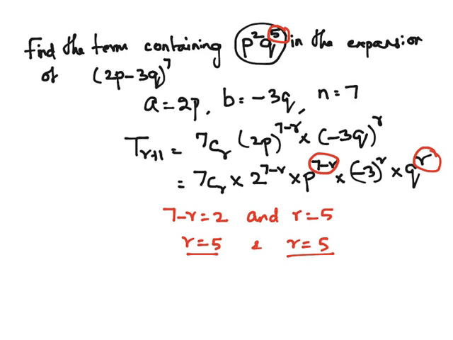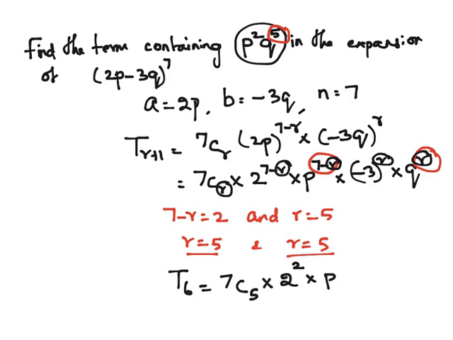So let me write it. t6 equals 7C5 multiplied with 2 power 7 minus 5. What I'll do is replace r with 5 in all these places. So 2 power 7 minus 5, which is 2 power 2, multiplied with p power 2 multiplied with (minus 3) power 5 multiplied with q power 5.